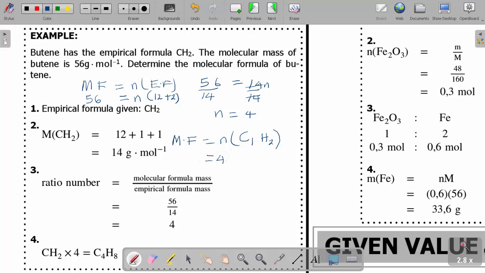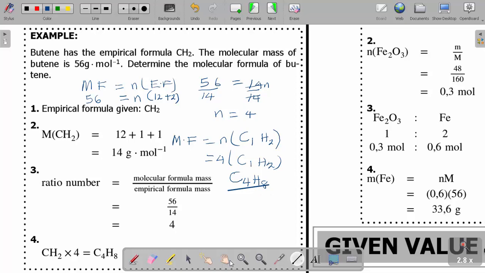If I open brackets here, I'm going to have the molecular formula directly. What is 4 times 1? I'm going to get C4. What about 4 times 2? I'm going to get H8, which means this is my molecular formula. Hope we are together. So that's another method of doing this. Alright, let us proceed.